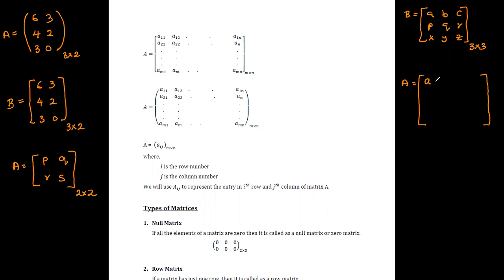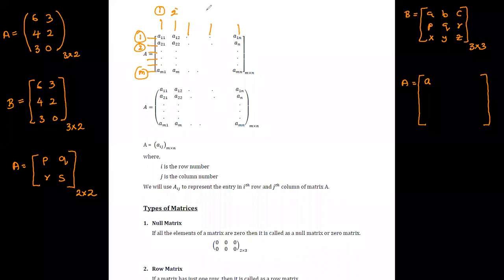Therefore, if we are naming the elements of a given matrix, here we can see that we have rows and columns. These are the rows in the matrix, and these are the columns in the matrix. If you name the rows, this is the first row, second row, likewise we can say the mth row. If you name the columns, this will be the first column, second column, likewise we can move to the nth column.